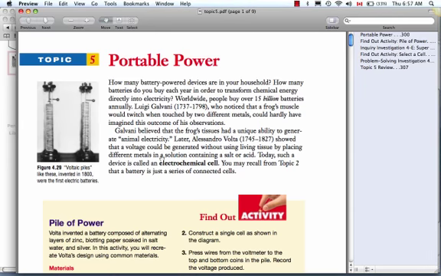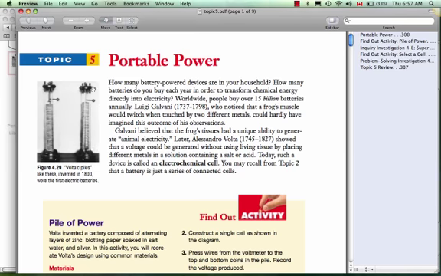Later, Volta showed that voltage could be generated without using living tissue, so he made what's called voltaic piles. He had a series of different coins stacked up, and sandwiched in between them was paper dipped in a salt solution.